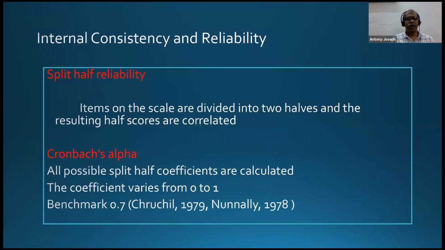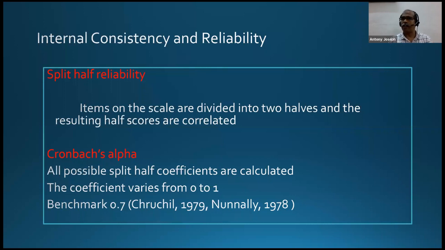That means when we have 30 different statements for the measurement of a particular concept, we can divide it into 2 equal parts, 15 each. How many ways? 30 items are there. We want to take 15 only at a time. So the number of combinations possible is 30 C 15 ways.